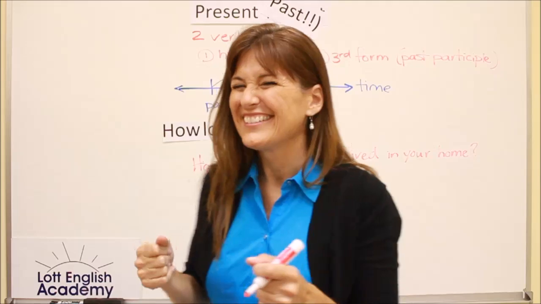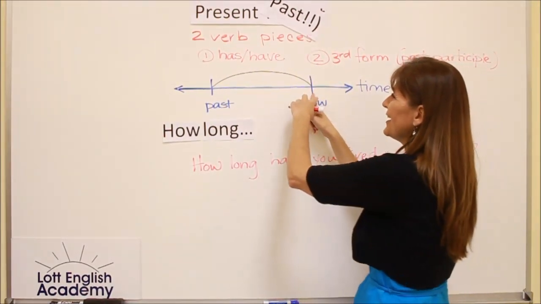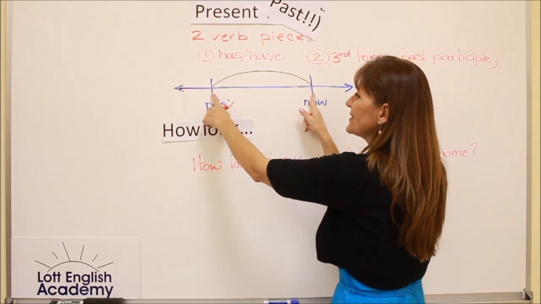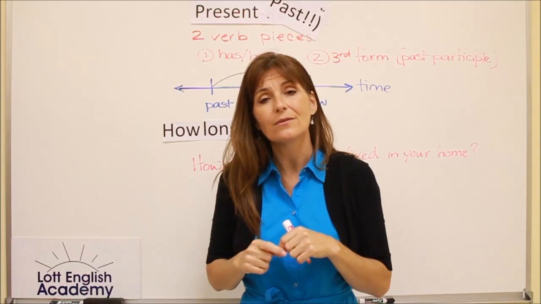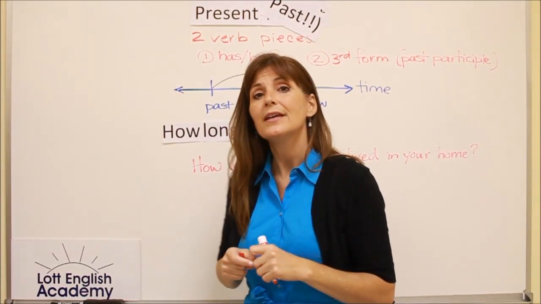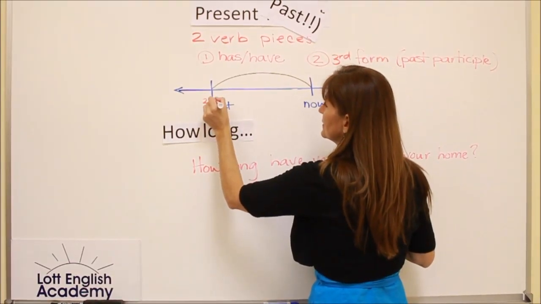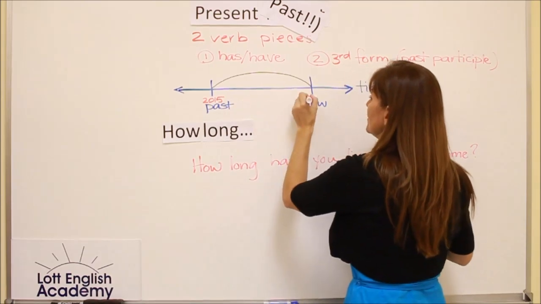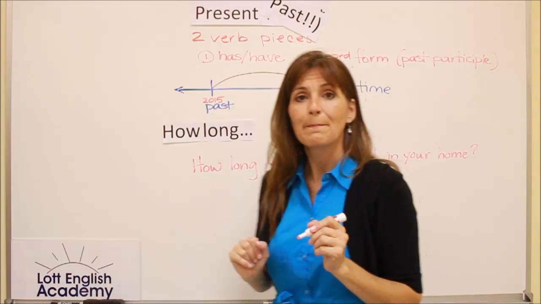I don't know the answer, but if we want to know it, we have to look at now and go back in the past to the time when you started living where you live now. So let's imagine you moved to your home in 2015, and now we're in 2016.